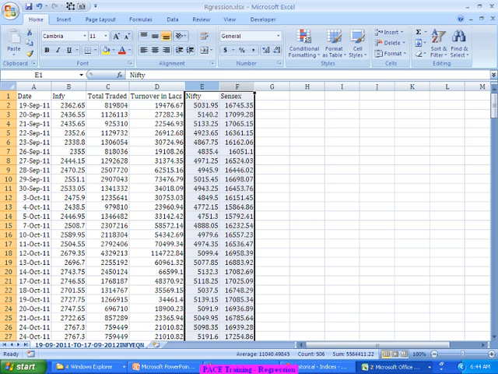Sometimes for our exam he may not ask us to do the entire regression process. He will give the regression equation and ask us to test whether these variables are significant or not. So there is hypothesis testing that goes on the regression equation.